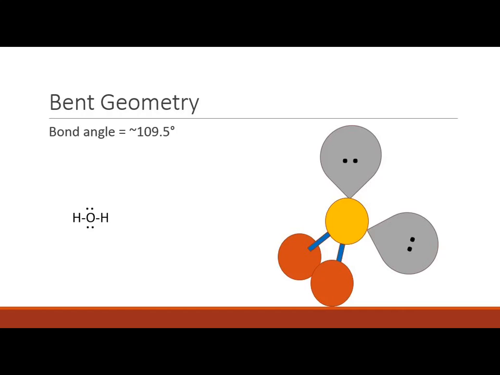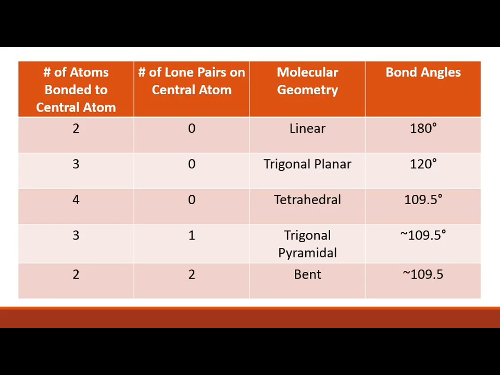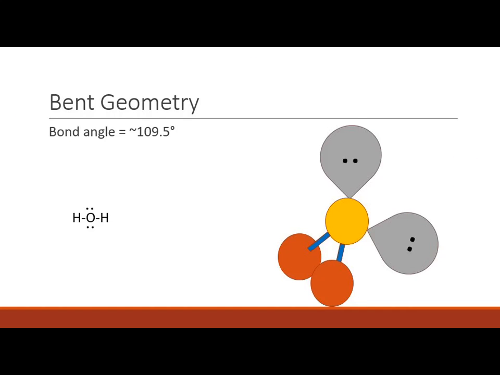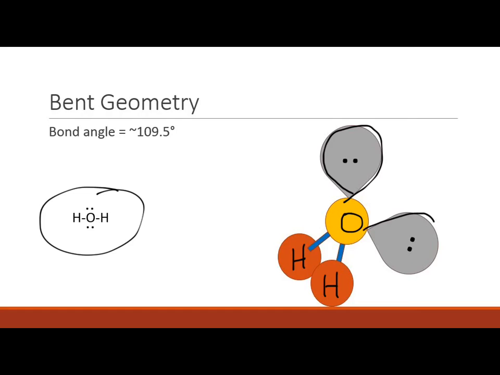Now, what if we had something like a water molecule? With a water molecule, we have an oxygen in the middle. We have 2 hydrogens out here, and then we have these 2 lone pairs, right? Remember that those lone pairs are invisible.